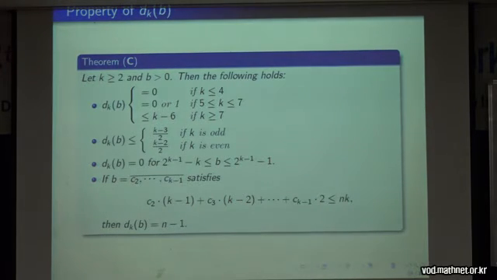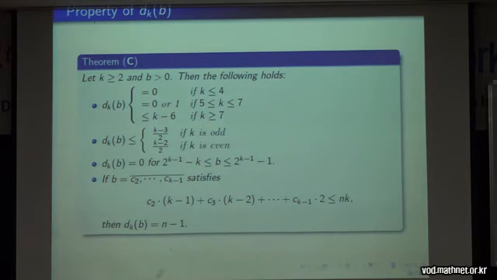And as I mentioned before, studying the decay of B is important. Let k be greater than or equal to 2 and B a positive integer.